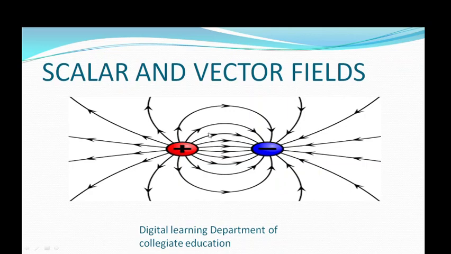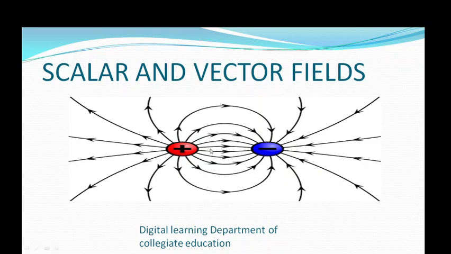Next, we shall understand what is a field. A field specifies a quantity everywhere in a region. Therefore, between 2 point charges, the force that exists between them is due to the electric field.